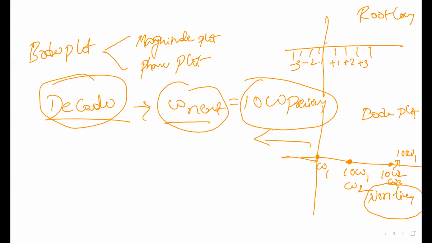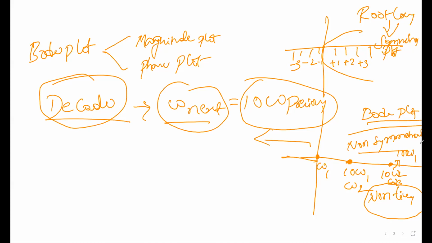Okay. So the root locus is symmetrical about the x-axis, but the Bode plot is non-symmetrical. It is a very important objective point. We already discussed while covering root locus that it is a symmetrical plot, but the Bode plot is a non-symmetrical plot.